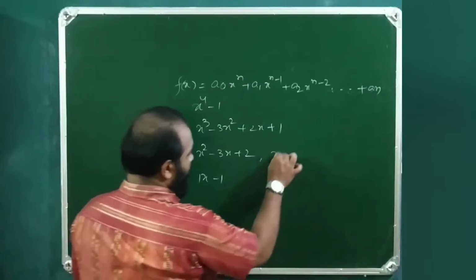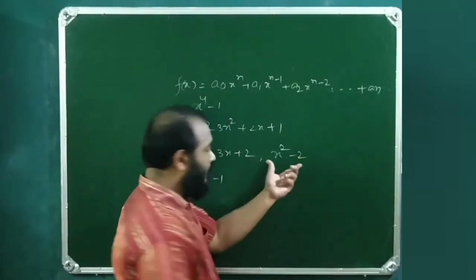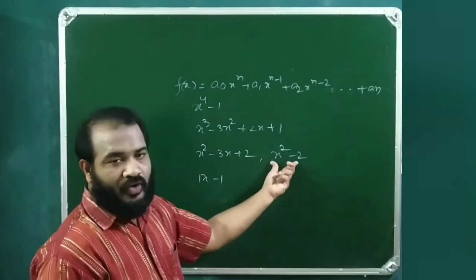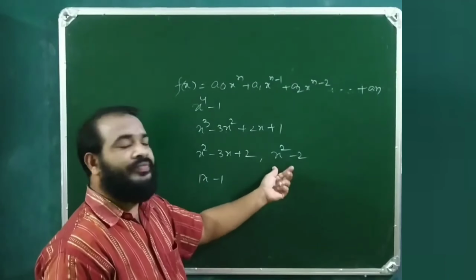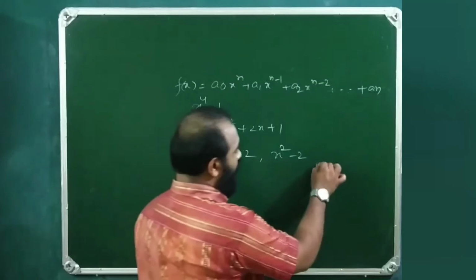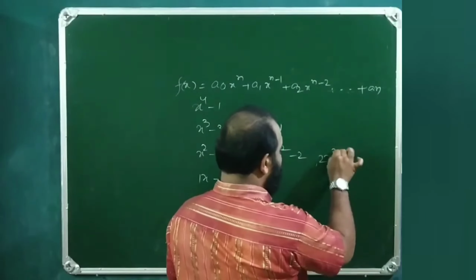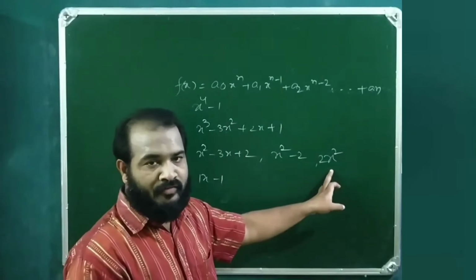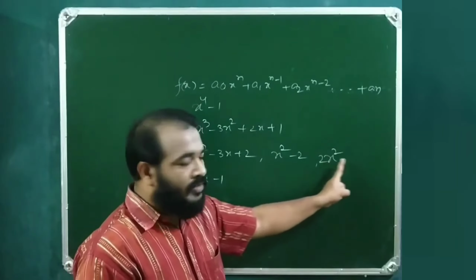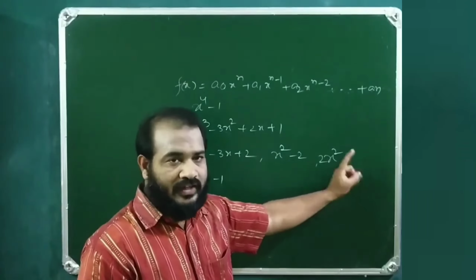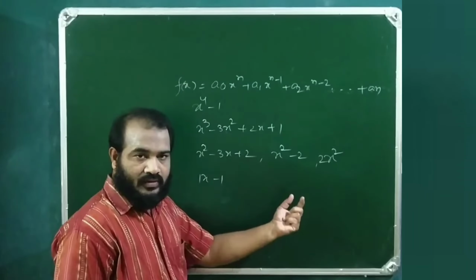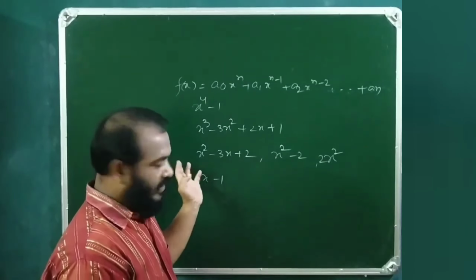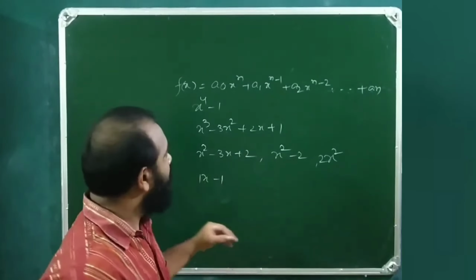Not only that, x square minus 2 is also a quadratic polynomial; the x term is absent here. Simply 2x square is also a quadratic polynomial, with the x term and constant missing. So that is why at most 3, with the degree 2, etc.